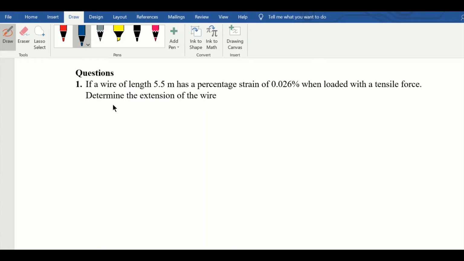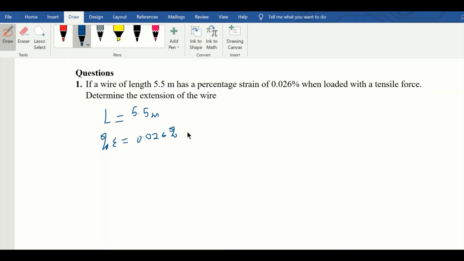Question 1. It says, if a wire of length 5.5 meters, that is my original length L, has a percentage strain of 0.026%.